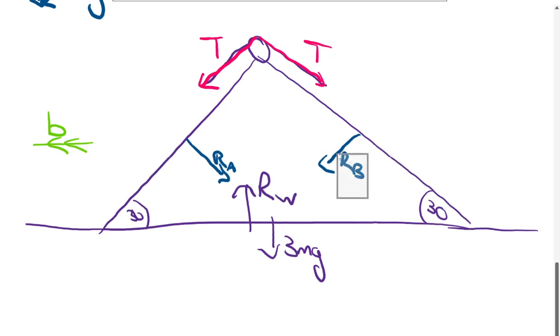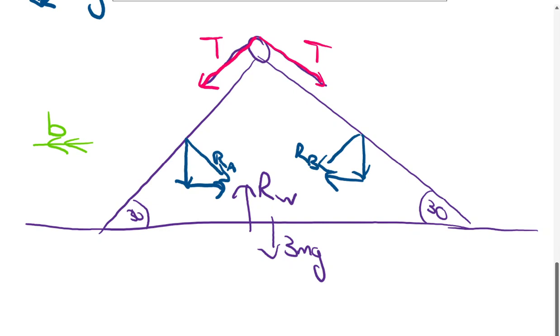My OneNote is looking very strange due to the video capture, but we'll figure that one out. So what's happening is, in terms of horizontals and verticals, a certain amount of R_A is pushing down, and a certain amount of R_B is pushing down, and a certain amount of R_B is pushing across, and a certain amount of R_A is pushing across.